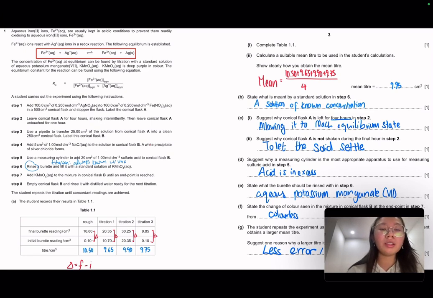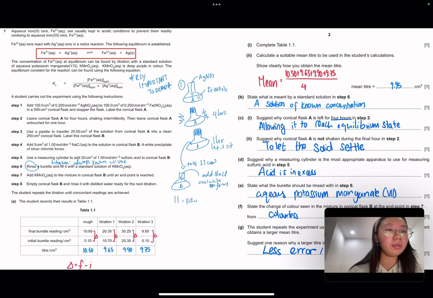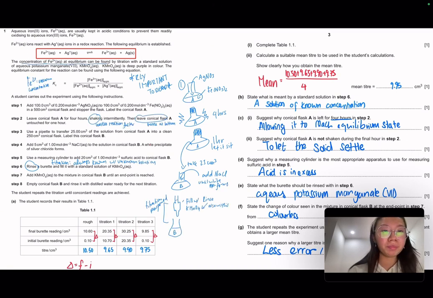You leave the conical flask A for 4 hours, shaking intermittently. Then leave conical flask A untouched for an hour. Right. So I've done a few diagrams which might help. Okay, so again, you are likely leaving it for 4 hours and shaking it intermittently for the purpose of it reaching the equilibrium, and you're shaking it so that the reaction can happen faster.